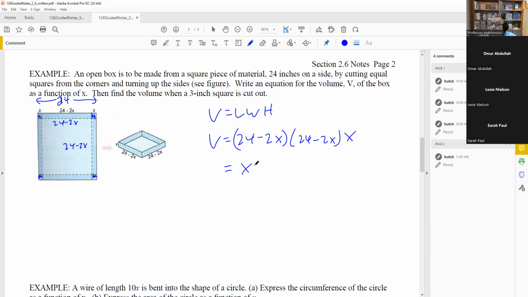Because there are two of these, you can also write it as x times 24 minus 2x quantity squared. You don't have to multiply all this out. The answer in OpenMath will show it all multiplied out, but you can leave it in the factored form like this.